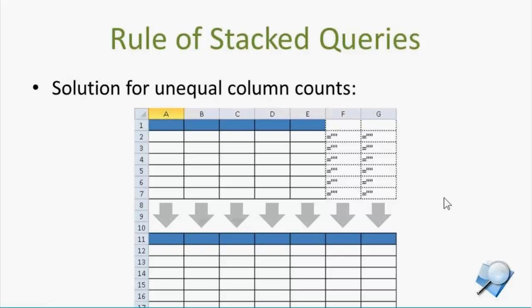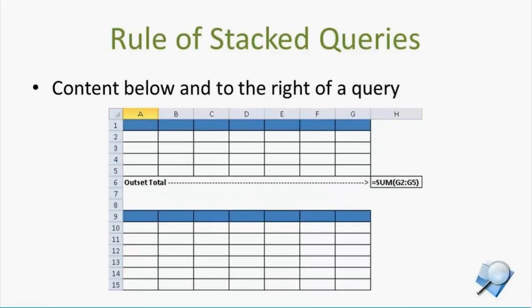Then another variation of this topic is where we have outset totals. I see a lot of balance sheets formatted like this, and that's why I bring it up in this class. Sometimes you'll have outset totals where you have a subtotal, and then a higher level subtotal off to the right. And that's fine. Just keep in mind that the same rules can apply.